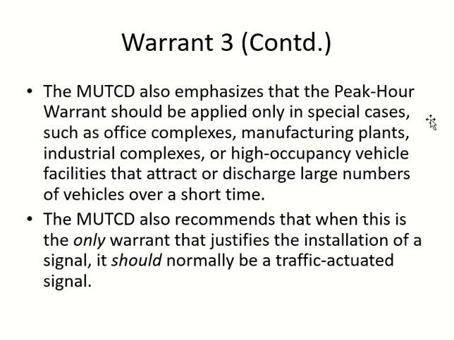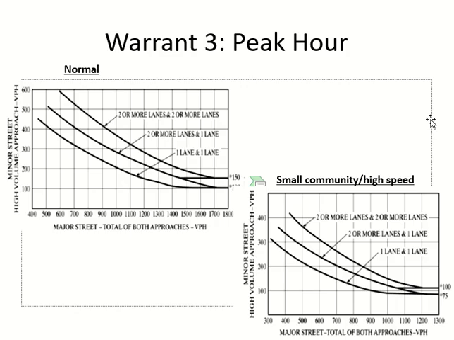Now this warrant is for what? For peak hour. So you are deciding to put a signal because of how many hours? 1 hour. Okay. So what about the rest of the hours? So you applied 8-hour warrant, not satisfied. 4-hour warrant, not satisfied. And the other warrants, not satisfied.